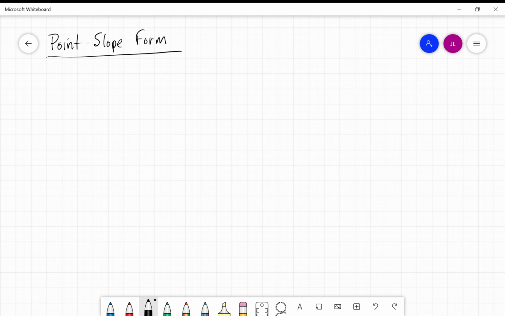Okay? So again, we're going to say m is equal to our slope. And then we have to have a point, so we're going to have x sub 1, y sub 1 as a point on the line.